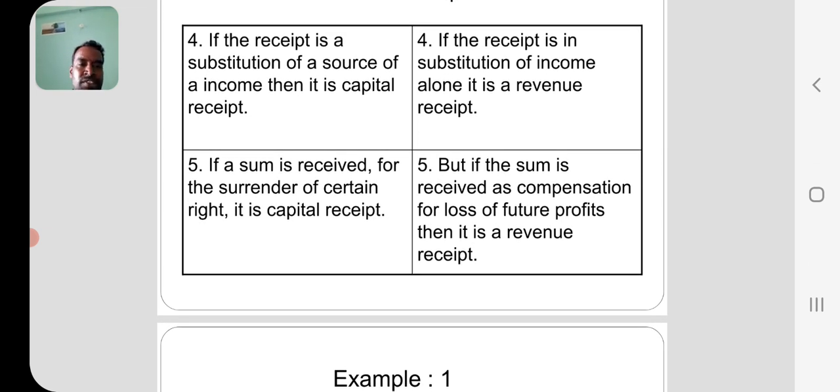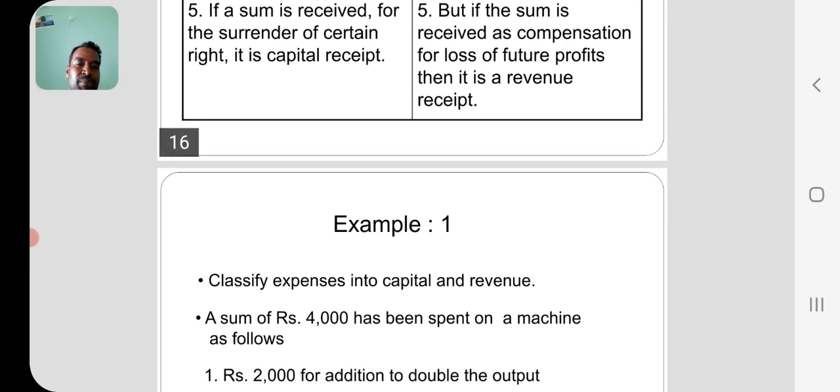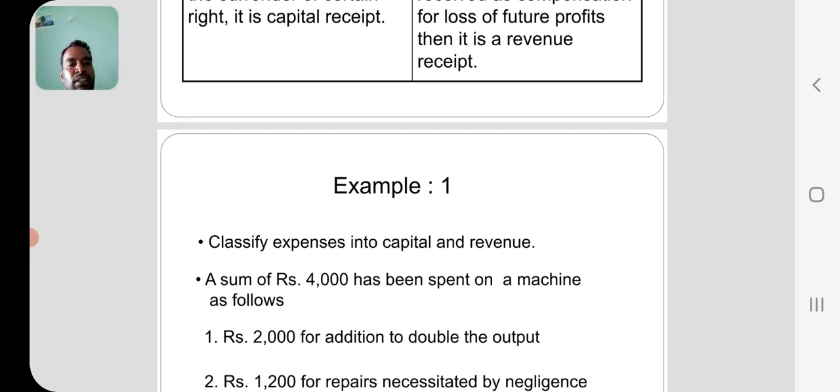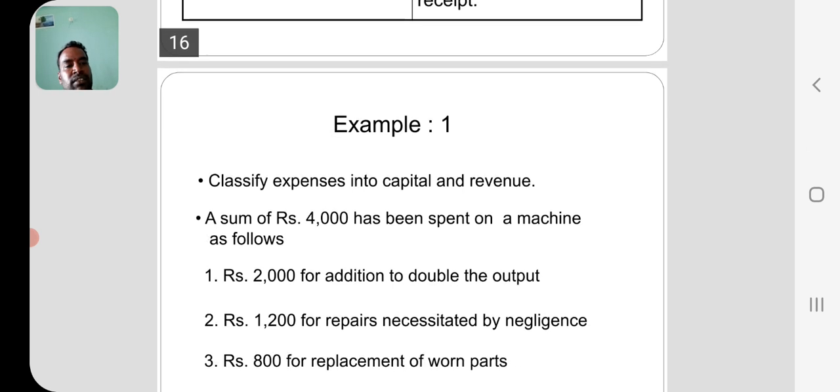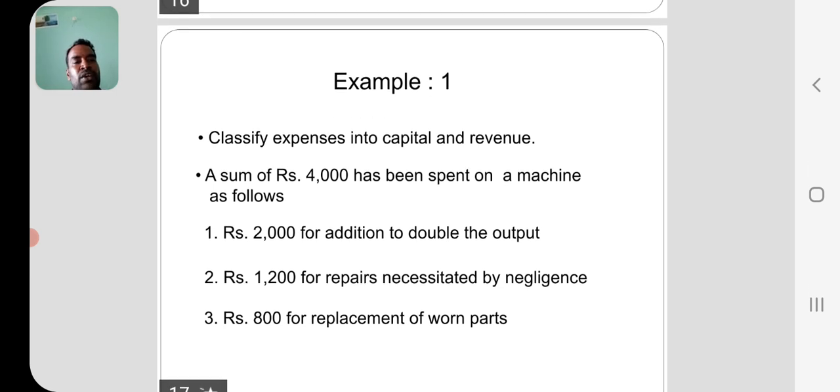If a sum is received for the surrender of certain right, it is a capital receipt. But if the sum is received as compensation for loss of future profit, then it is a revenue receipt. For example, classify from the following which item is capital and which item is revenue.